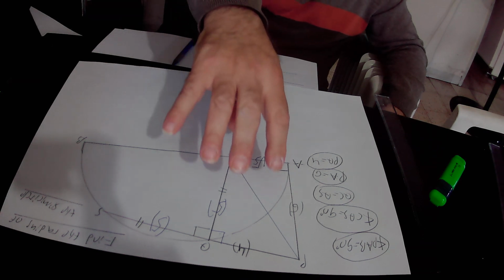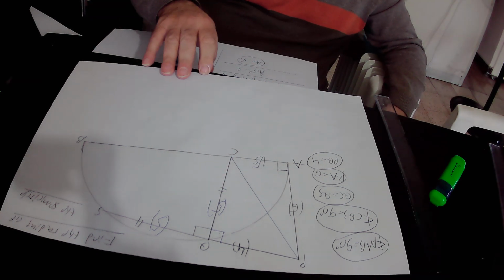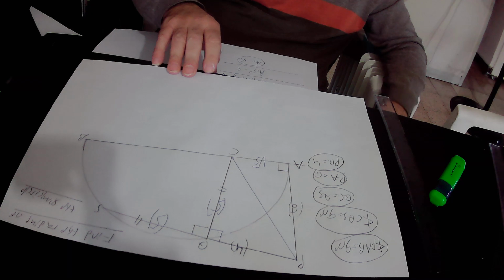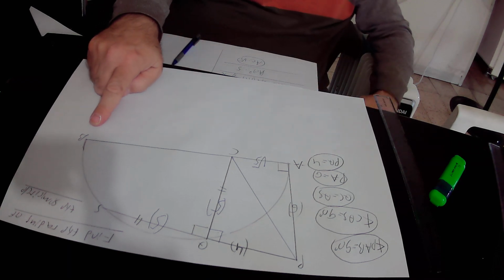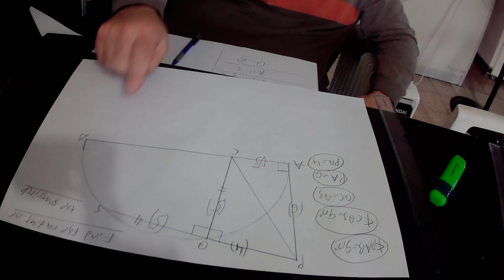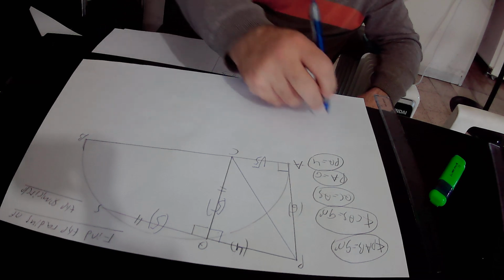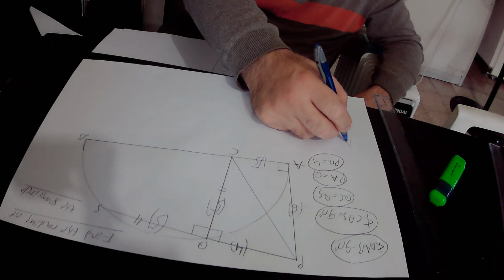We know that this is a semicircle, and therefore AB must be the diameter of the semicircle. So I write it down here that AB is the diameter of the semicircle.